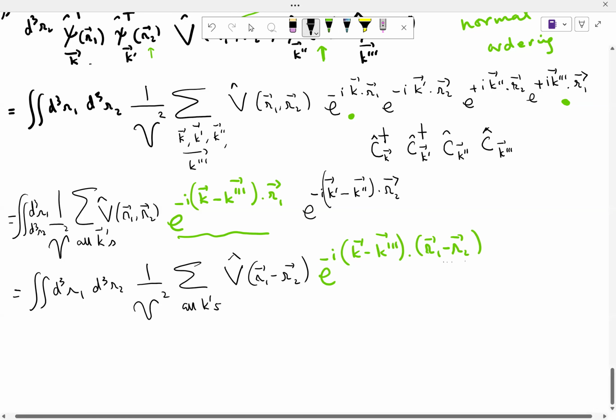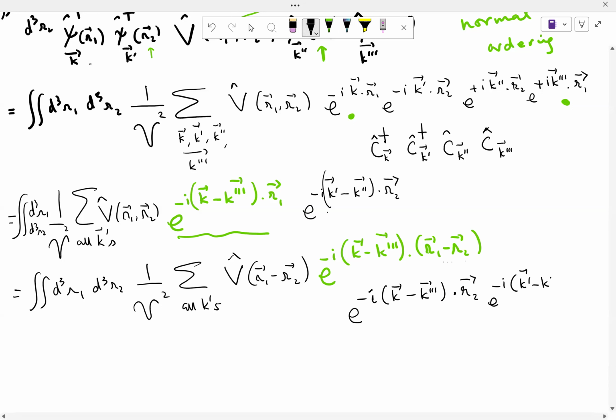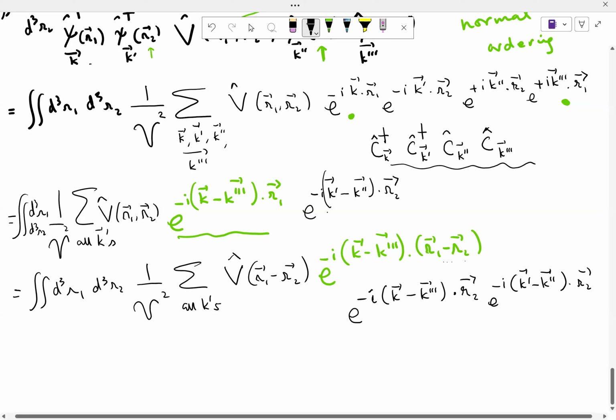So I also need to counteract this, minus i k minus k triple prime plus R2. But I also have this term here: e to the minus i k prime minus k double prime R2, with all the creation and annihilation operators c k dagger, c k prime dagger, c k double prime, c k triple prime.